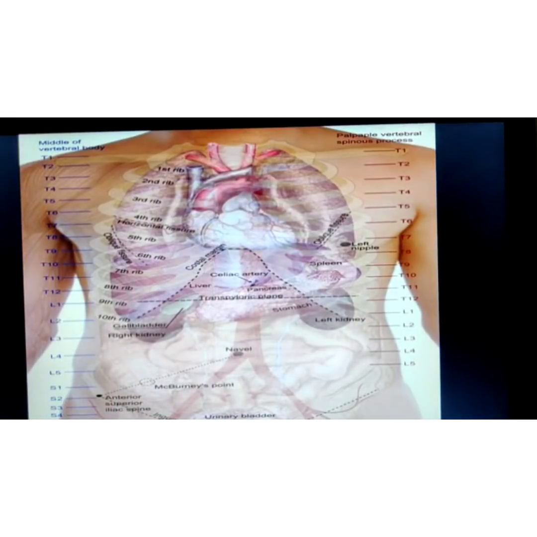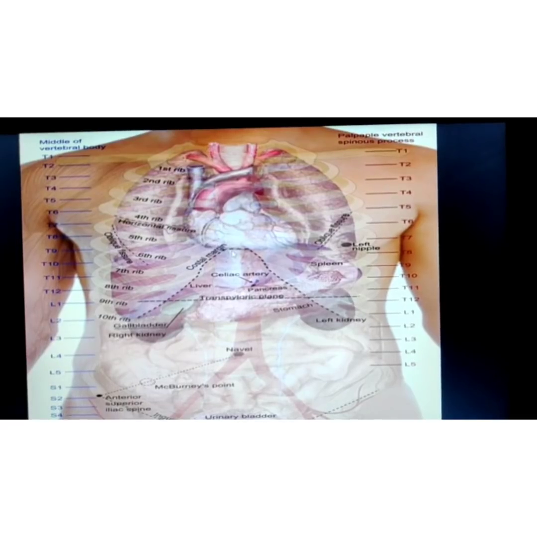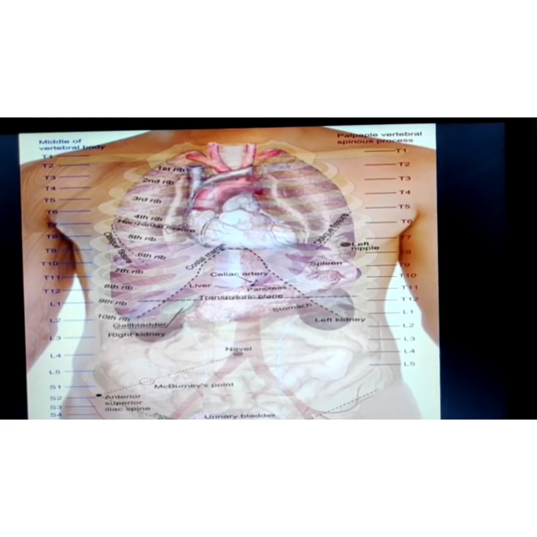Now, the thoracic cavity is separated from the abdominal cavity by the musculo-aponeurotic diaphragm. So this diaphragm is attached to the lower margins of the thoracic cage.